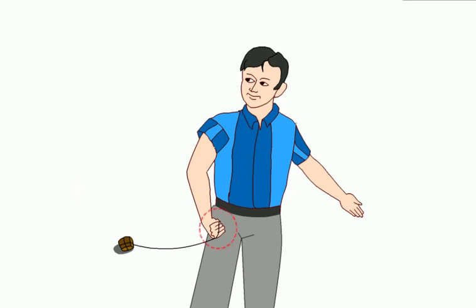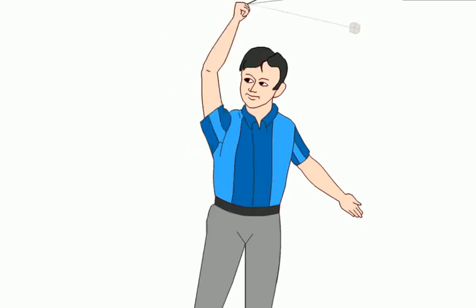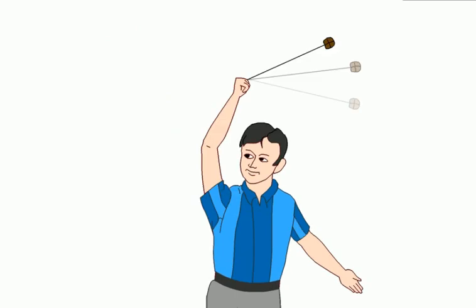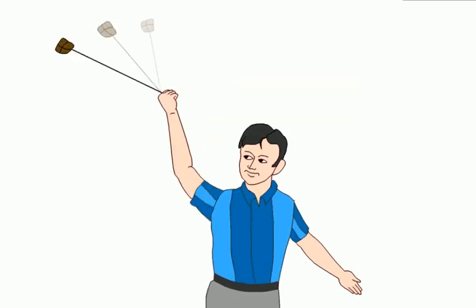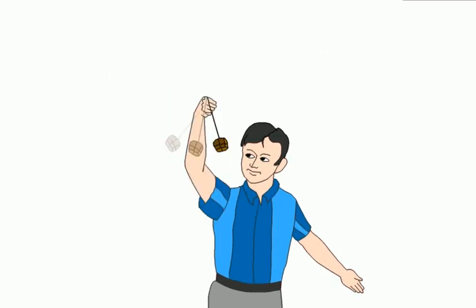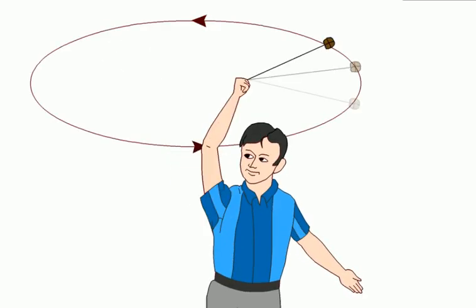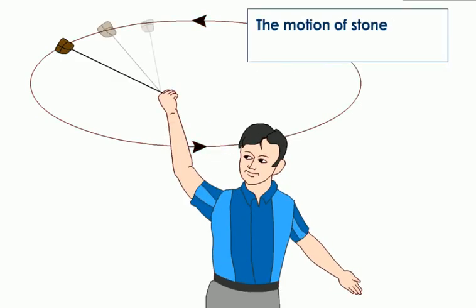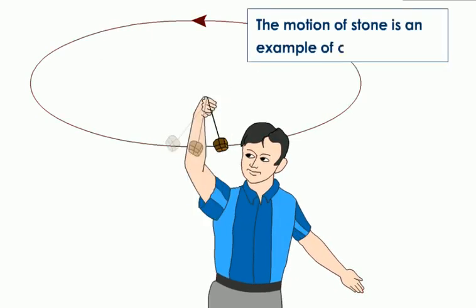Now, hold the other end of the string in your hand and whirl around. Now, study the motion of the stone. You will observe that the stone moves in a circular path. The motion of the stone here is an example of circular motion.